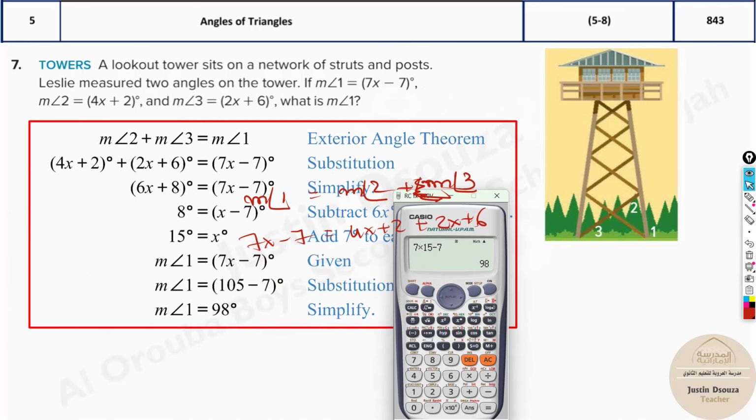And what next? Since these are parallel, can I tell this is equal to this? They are on opposite sides, so they are alternate interior angles. So I got an angle, a side, and an angle, so it is the ASA postulate. You can see the final answer is by ASA postulate.